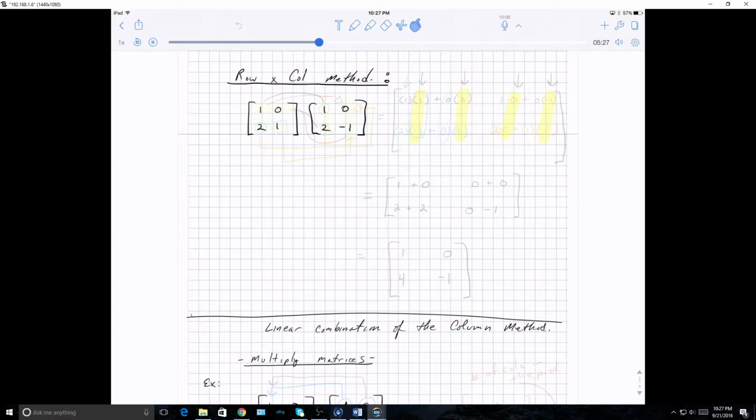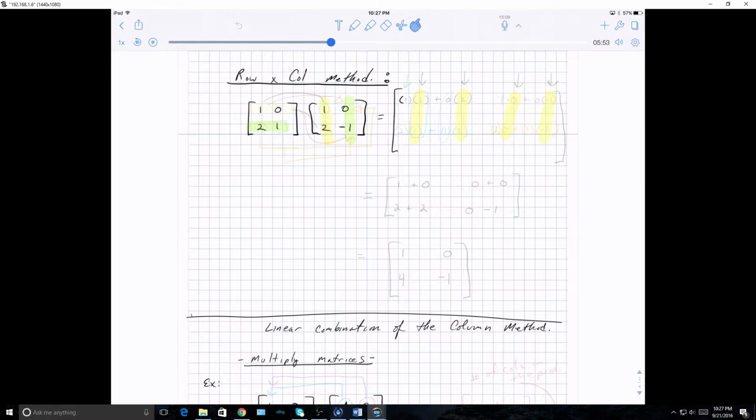So what we have to do in essence is multiply this row by that column. And we're going to have to do the same thing over here with this row and that column. So let me show you how it looks first.